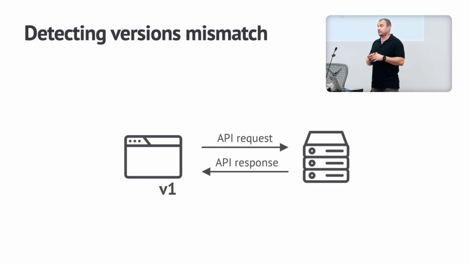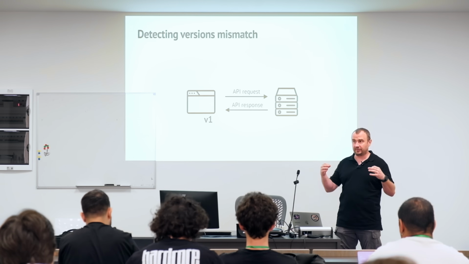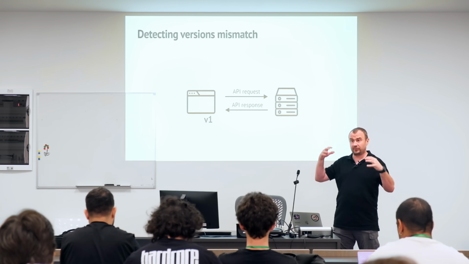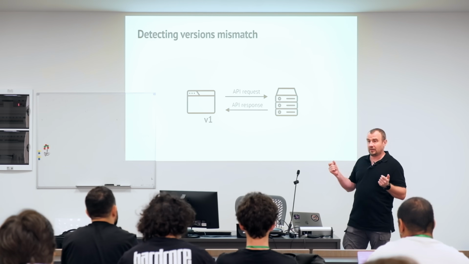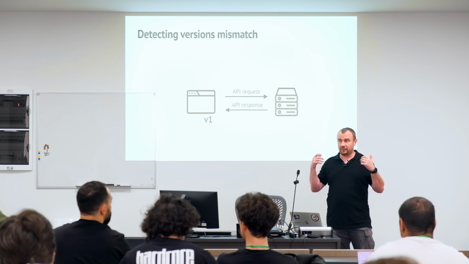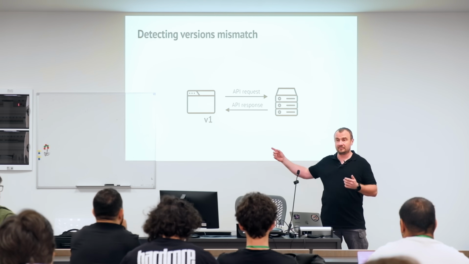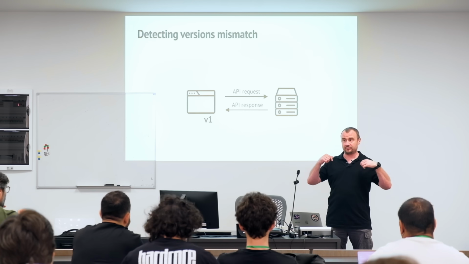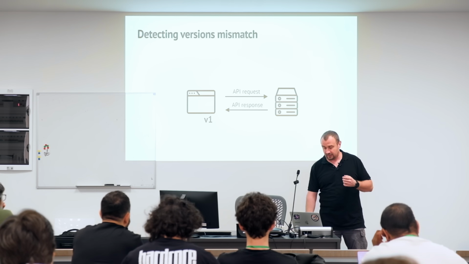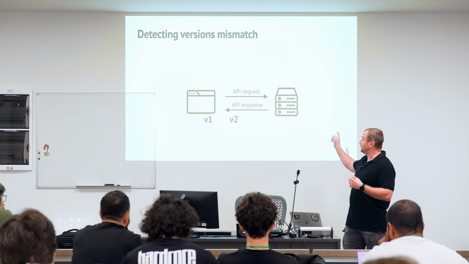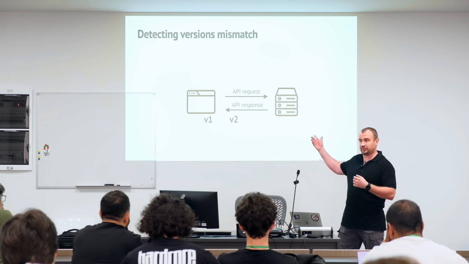First of all, we need to detect such a situation. We need to somehow learn, the front end must somehow learn that it's outdated. For this to happen, it must know its own version first. It should be aware, like, I'm version 1. And it should also learn about the backend version it's talking to.